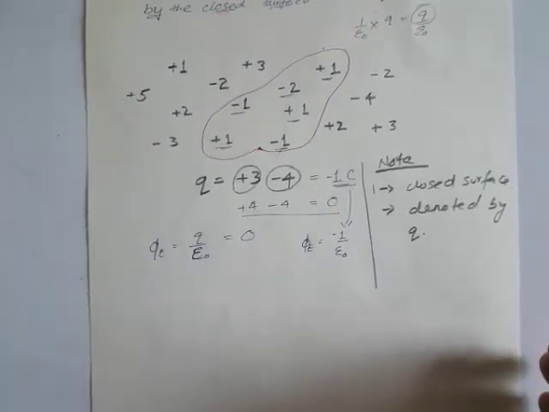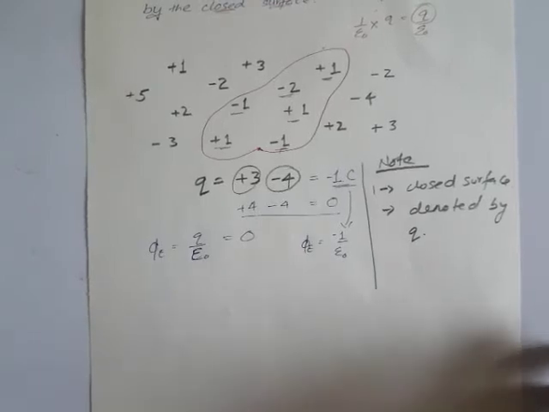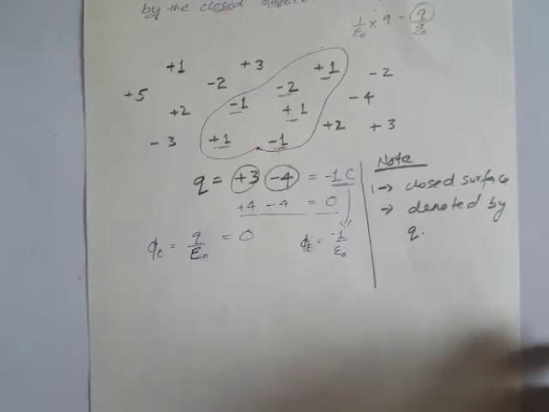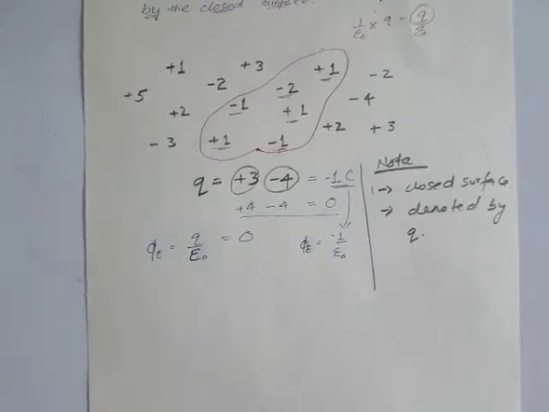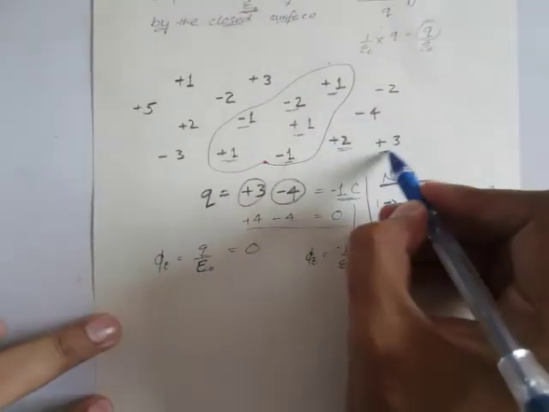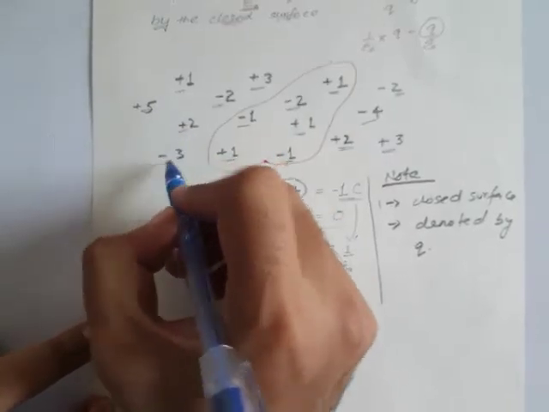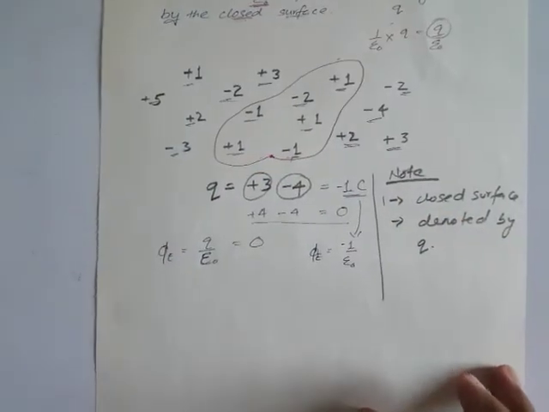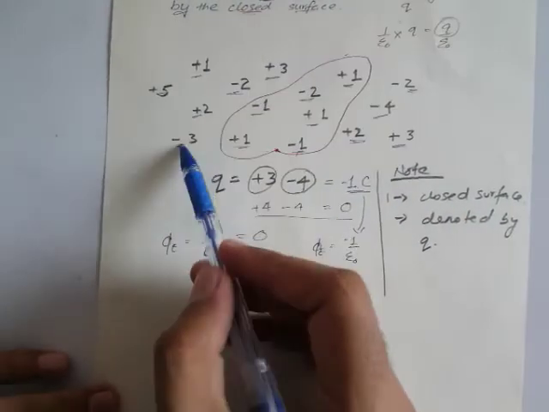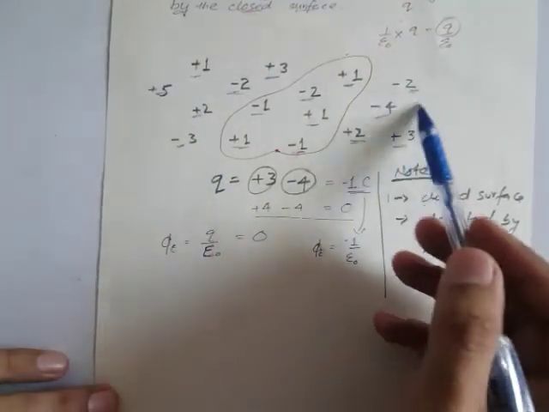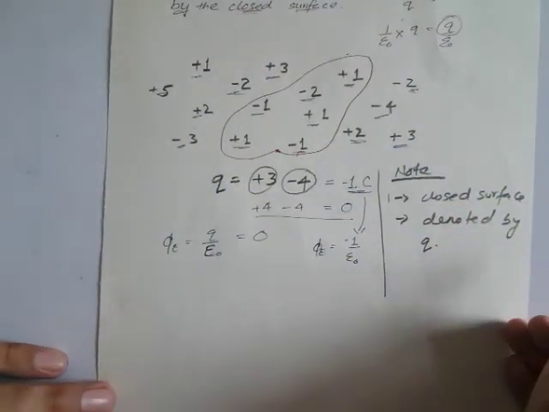Now, the net flux through a closed surface due to charge lying outside the closed surface, that means these underlined charges, is 0. We don't have to calculate these outside charges at all.